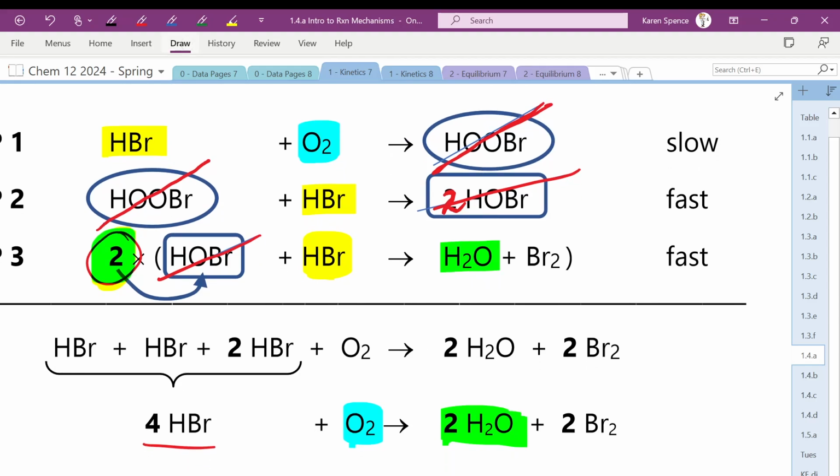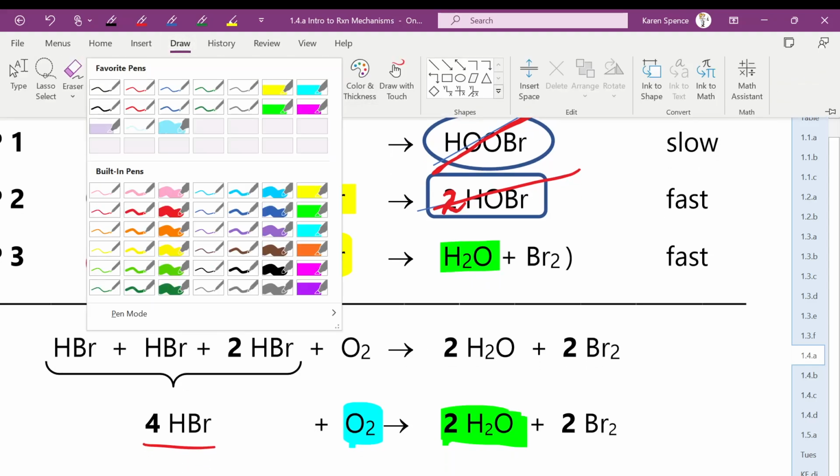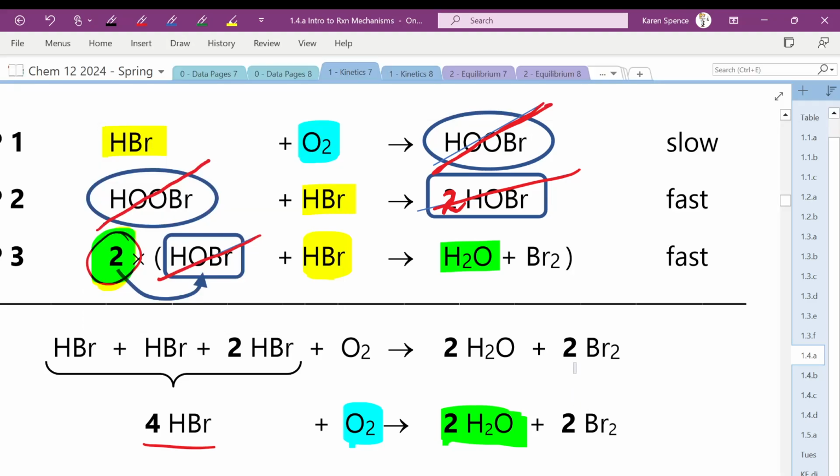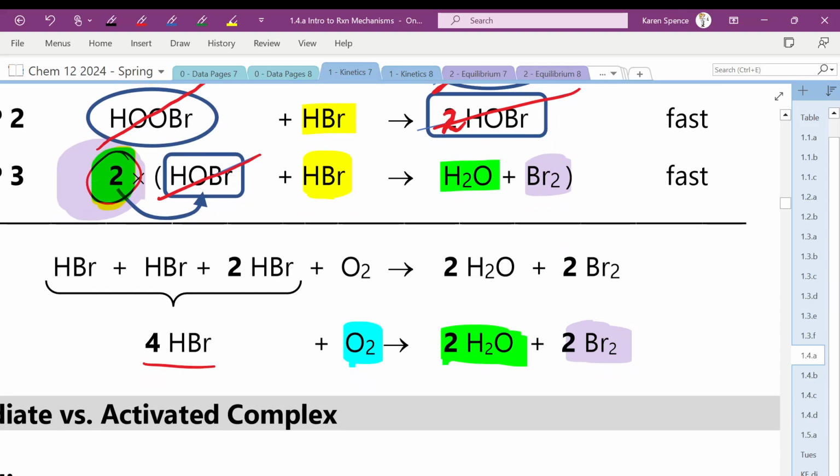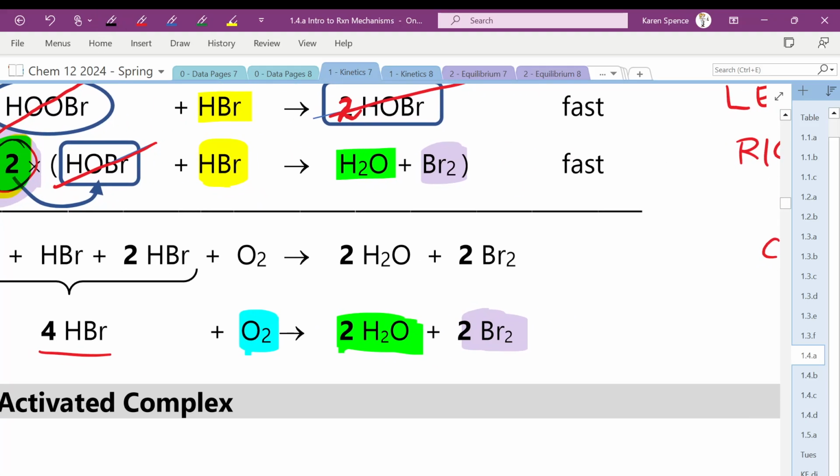And bromine, again we have two of them because we're multiplying that entire equation, so we have 2 bromine. And look what we ended up with. That is our overall reaction.